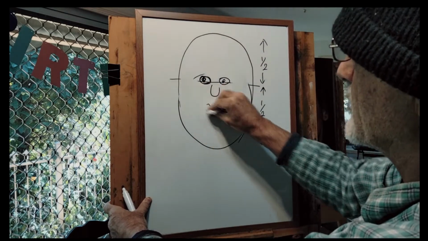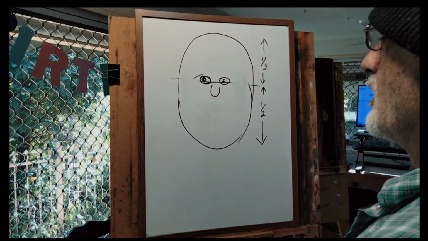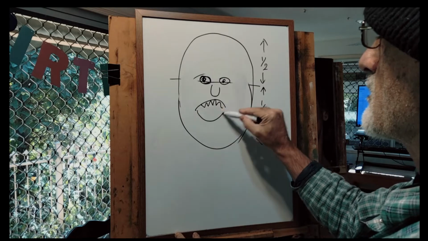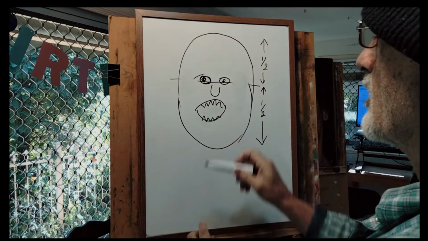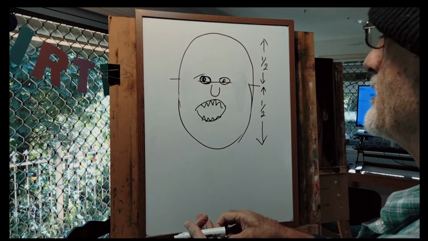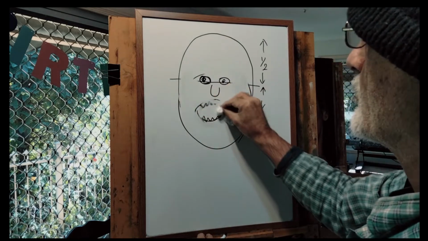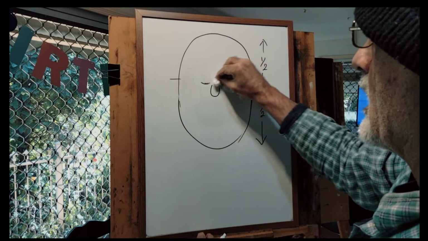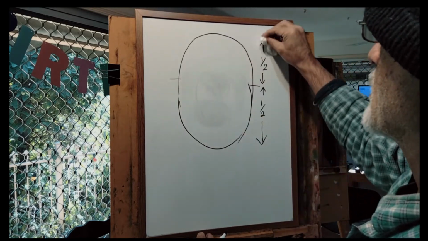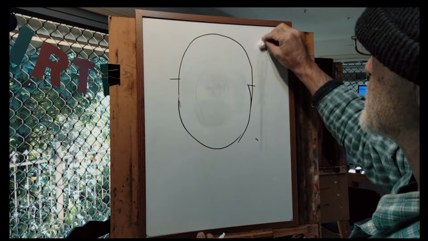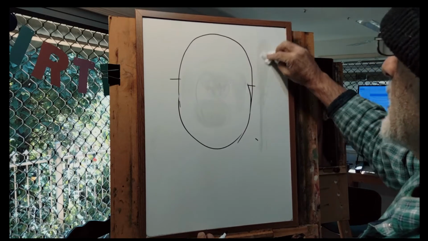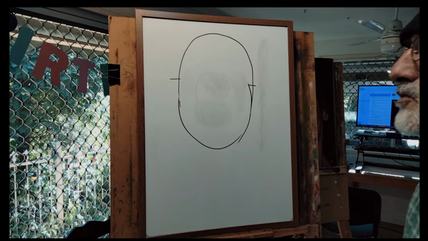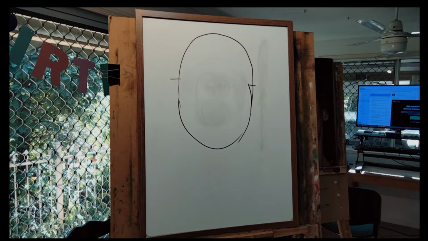Are they angry? Are they happy? Are they in love with us? Are they dangerous? So we're constantly looking at those features, and that actually affects the way that we tend to draw the face.